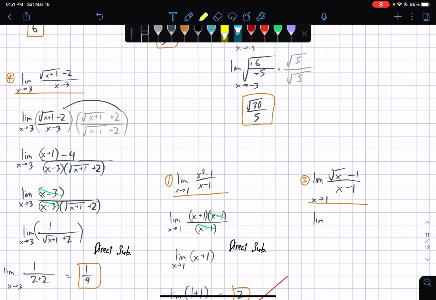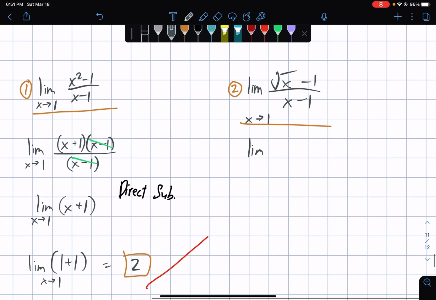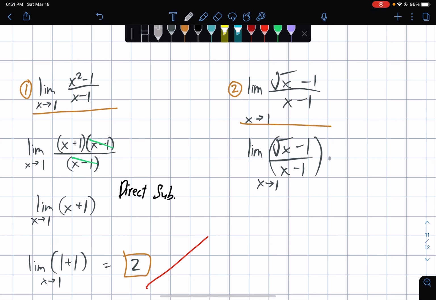If you can see, they're identical. Always know that we'll be applying the conjugate. Keep on copying the limit, and then the x approaches a. Multiply numerator and denominator with square root of x, then plus 1.